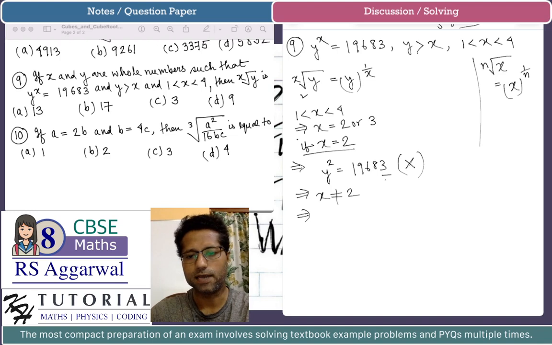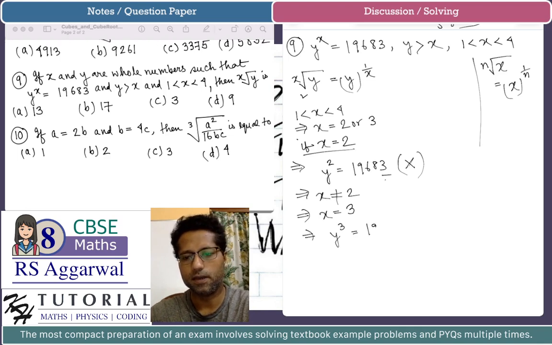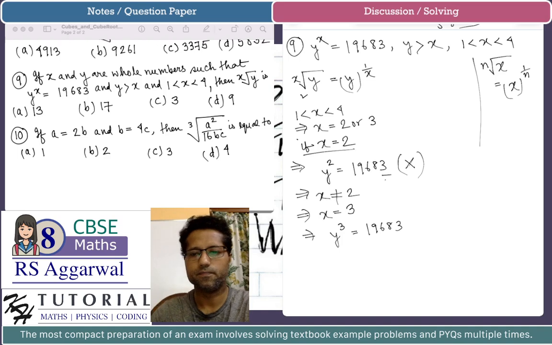This implies x has to be 3, because the only possibilities of values of x are 2 or 3, since x lies between 1 and 4. So x has to be equal to 3. So we must have y cube equal to 19683.